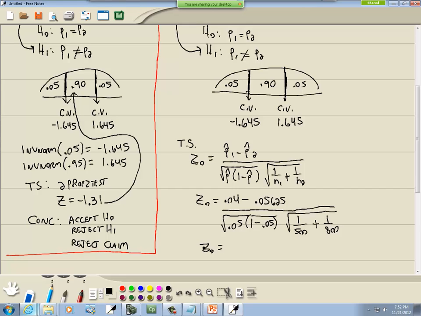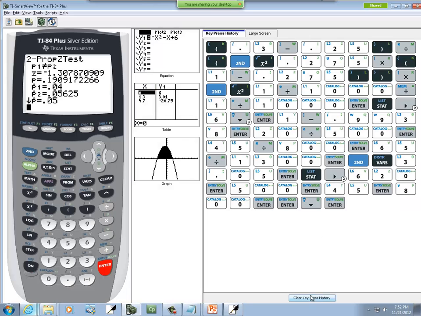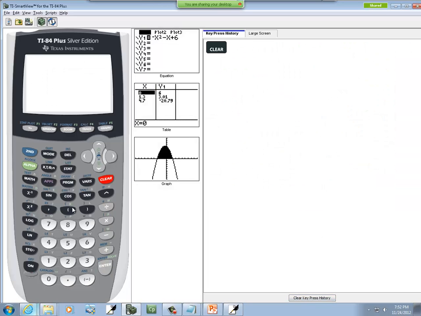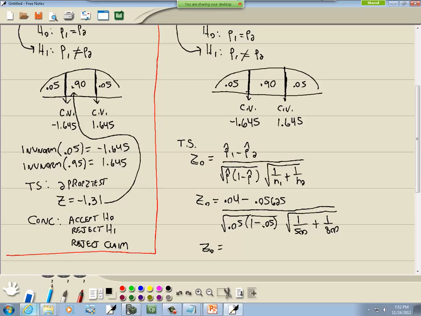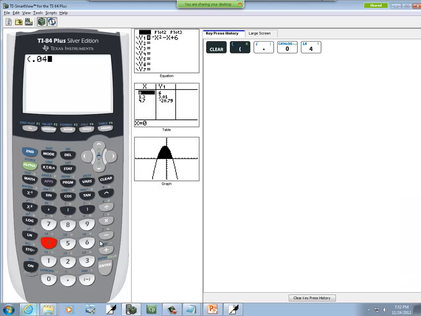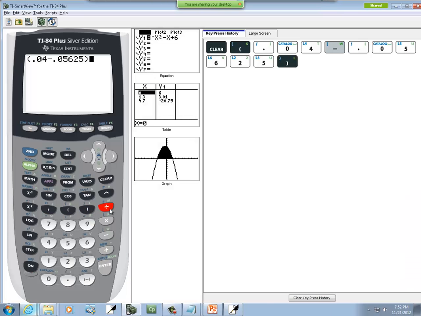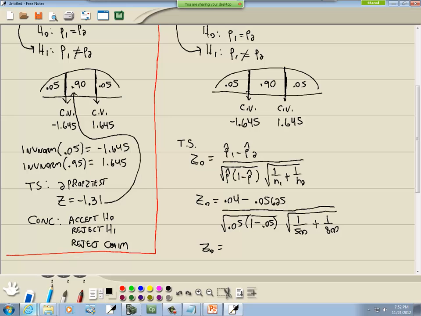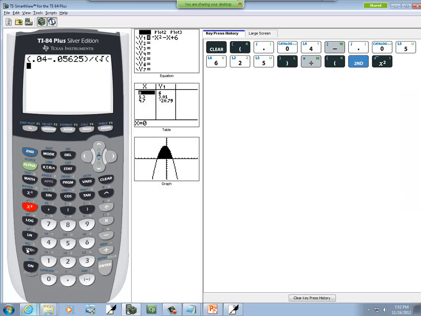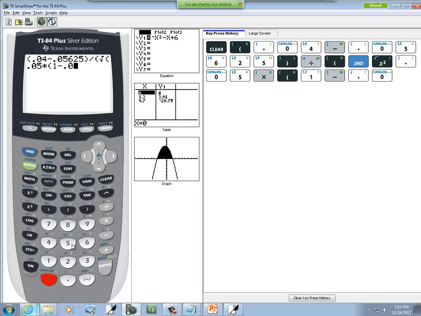Okay, let's see what that gives us. Have to be careful when plugging in the calculator. I want to put parentheses around the top, parentheses around the bottom. So the beginning parentheses, 0.04 minus 0.05625, close parentheses, divided by beginning parentheses, then second x squared for our beginning square root, and then 0.05 times beginning parentheses 1 minus 0.05.